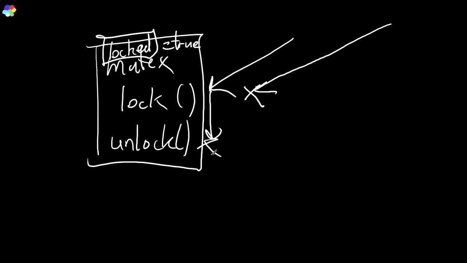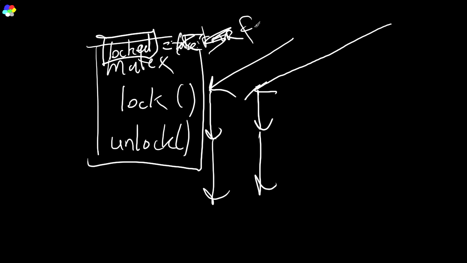When this thread calls unlock, locked is going to be set to false, and now this one can enter. And when it enters, it's going to be set to true again until it unlocks, and then it'll be set to false. So it keeps a kind of gatekeeper variable.